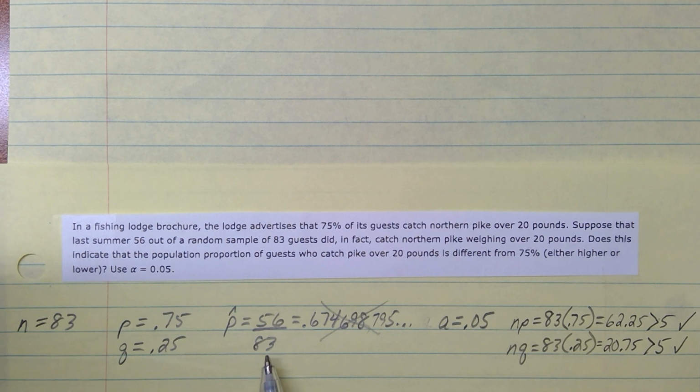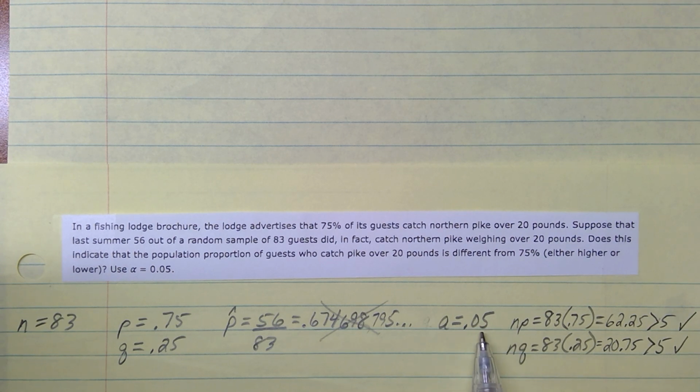Go back and use the actual fraction in your calculations. But if you're told to round this and use it in your calculations, my advice is use at least 4 decimal places. So if I was going to use this decimal, I would use 0.674, and that 9 is going to round that up to 7. So I would use 0.6747. Use at least 4 decimal places if you're going to use the decimal. But if you want a more precise answer, use the fraction.